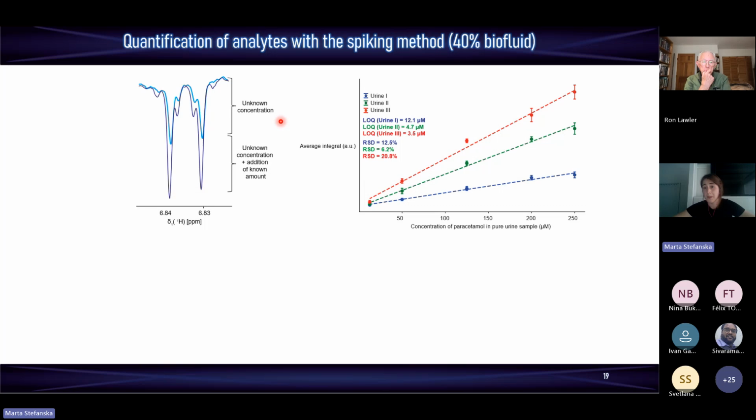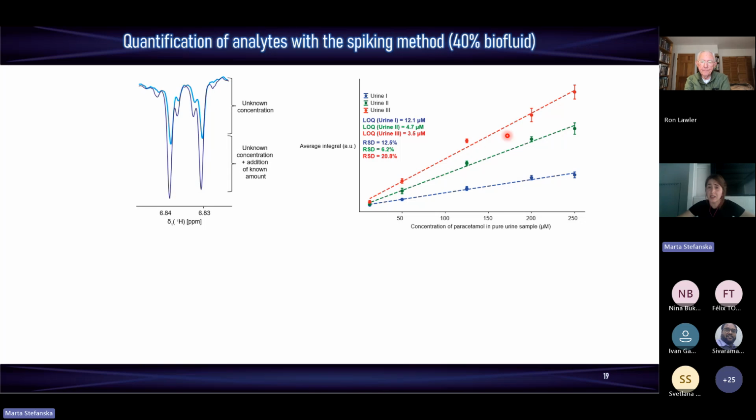And for this, it's required that the correlation between the integral, so our signal, and the concentration is linear. And you can see that for the region I was working on, this correlation is actually linear. You can also notice that for samples obtained from 3 different patients, we have quite different slopes.